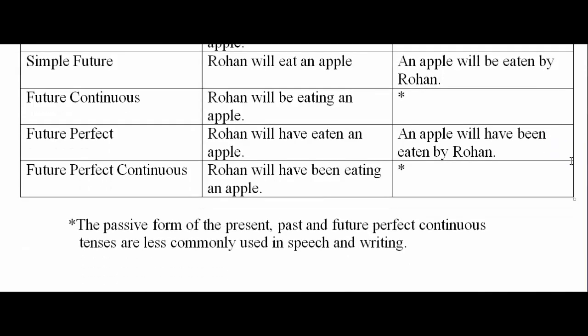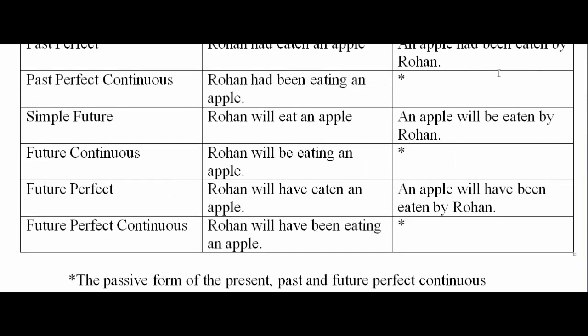Okay, you see here, it is explained. The passive form of the present, past, and future perfect continuous tenses is less commonly used, or in fact not used, in your normal speech and writing. That's why it is not given.